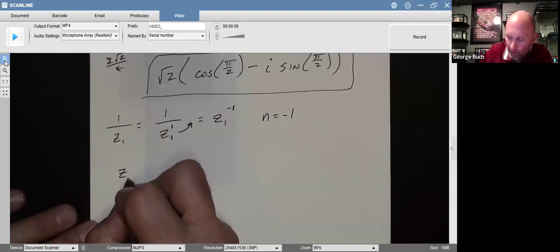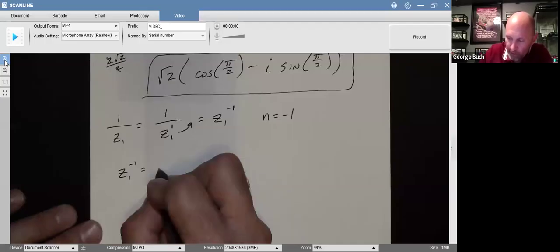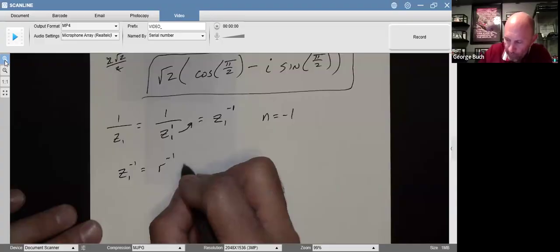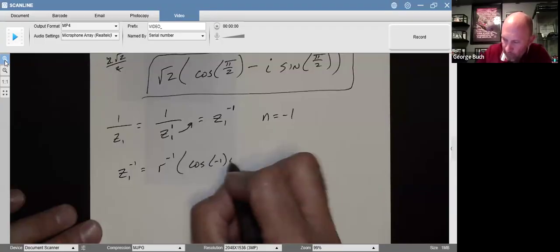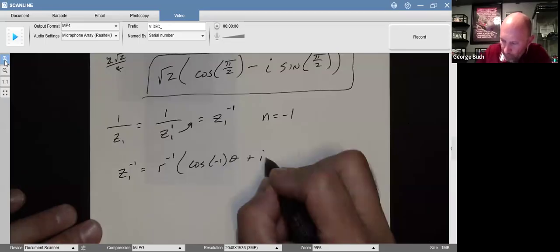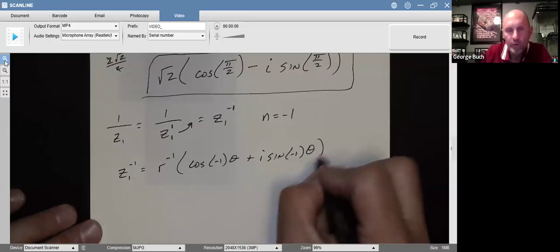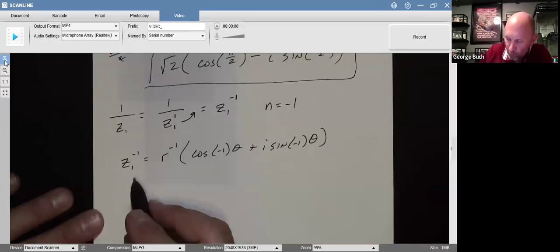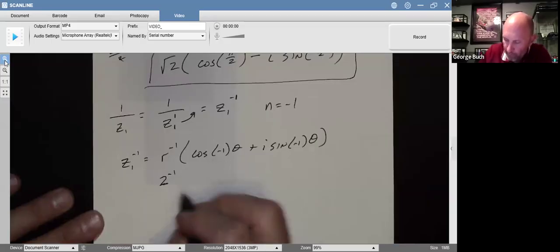So z1 to the -1 power, which is what I'm calculating, is r to the -1 power times cosine of -1 times theta plus I sine of -1 times theta. So for z1, my r was 2, so I have 2 to the -1 power.